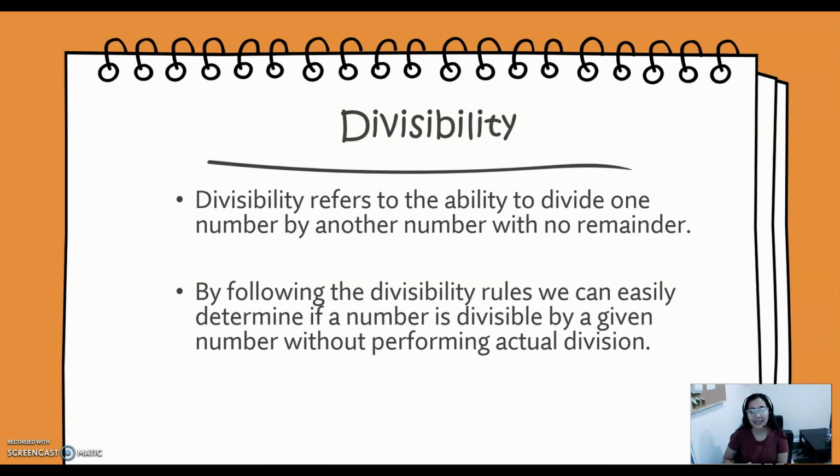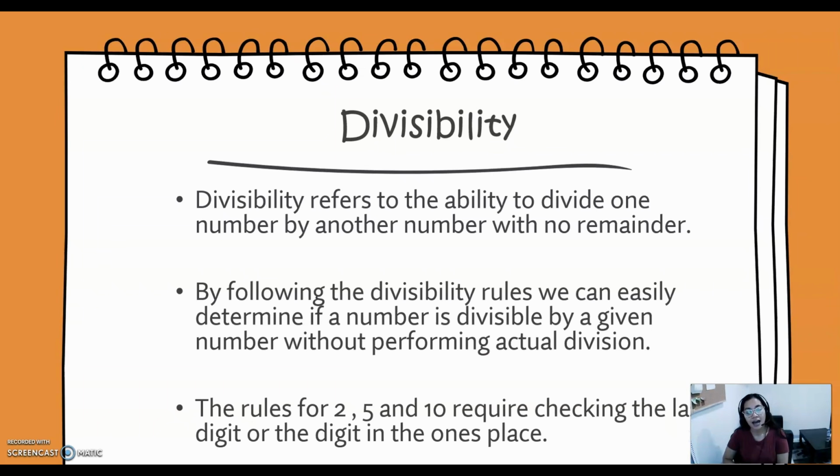And what is the importance of divisibility rules? By following the divisibility rules, we can easily determine if a number is divisible by a given number without performing actual division.